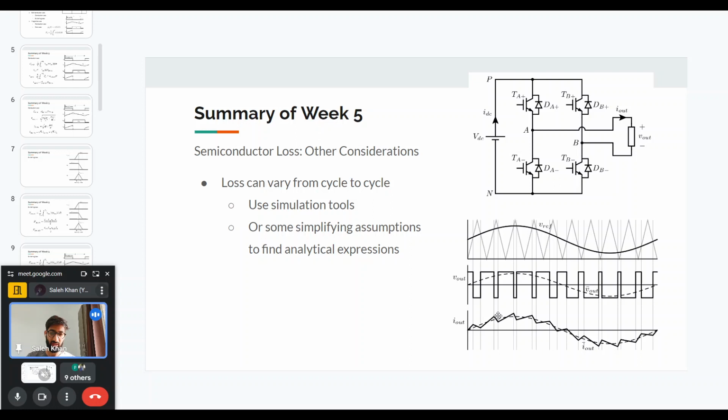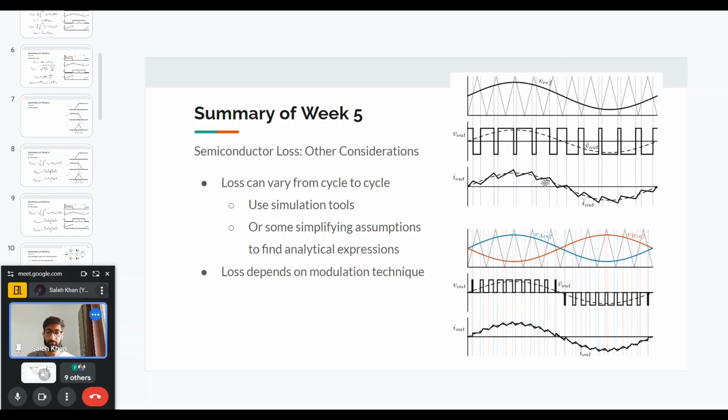For example, we can assume that this current does not have any ripple, and then we can try to find the average or the RMS current through each device, and then we can get an approximate of the switching loss for a particular converter and for a particular modulation, because the loss also depends on the modulation scheme. The modulation scheme can change the ripple, and if the ripple changes, then the loss will also be affected.